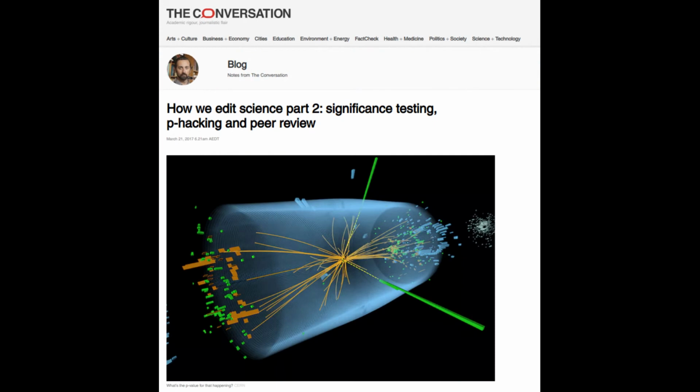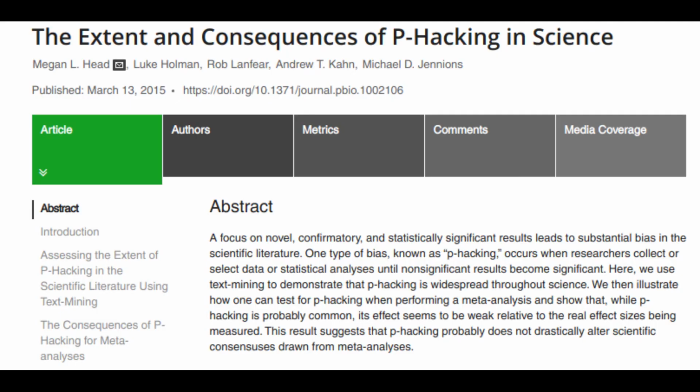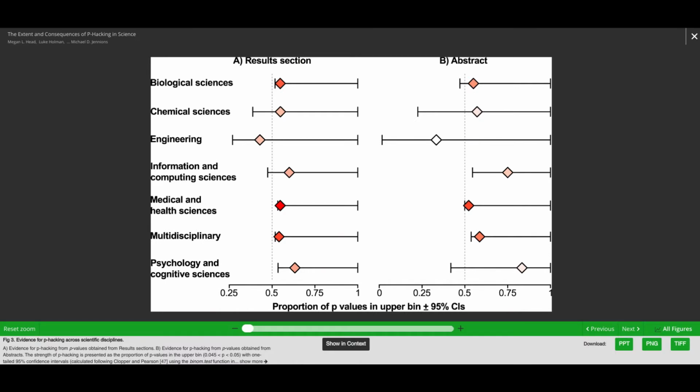Although not common, it is also a pervasive underlying issue. You can see here the distribution of p-hacking from one text mining paper. They explored the possibility that results in both the abstract and results section demonstrated p-hacking.